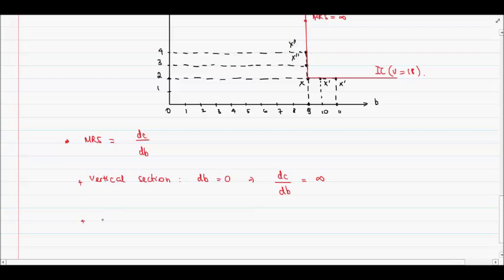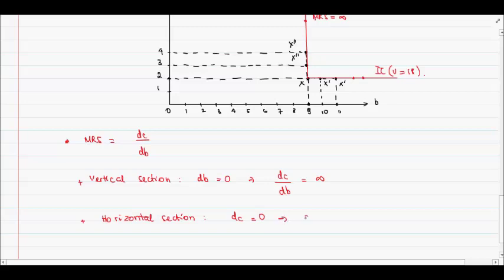Now along the horizontal part, the horizontal section of the indifference curve, which is along here. Again, if I move from one point to another and try to find the slope of the line, as you can see, we do not have any change in the values of C. So dC in this case is equal to 0.